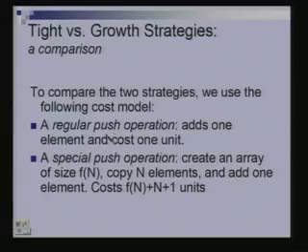So, we are going to think of pushes as of two kinds. One is a regular push. In a regular push, there was space in the stack and you just push the element. So, it takes 1 unit of time. A special push is one in which the stack was already full and you had to create a larger stack and copy the elements from the earlier stack to this larger stack and then push the element.